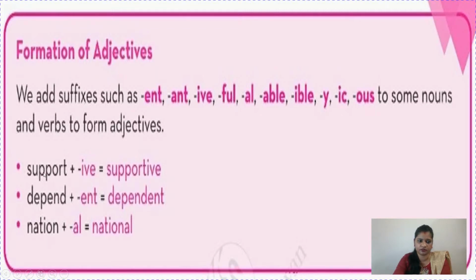Support and depend are verbs. Nation is a noun. If you add ive or ent or al, they give an adjective: support plus ive, supportive. Depend plus ent, dependent. Nation plus al, national.